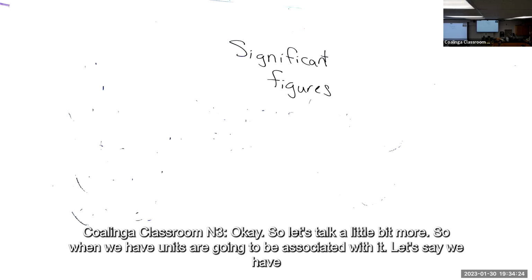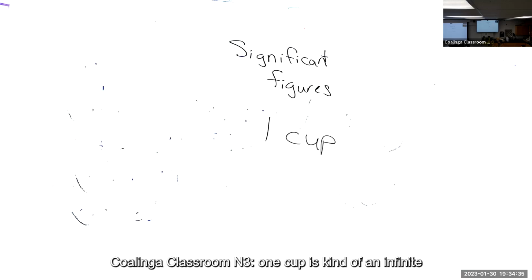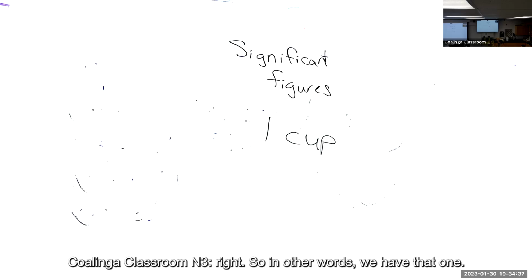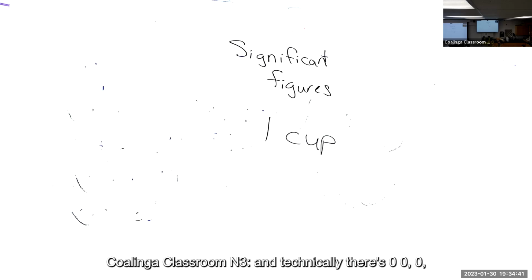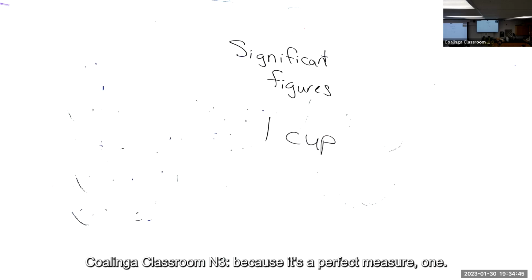Okay, so let's talk a little bit more. When we have units associated with a number, let's say we have 1 cup. 1 cup is kind of infinite, right? In other words, we have that 1, and technically there's 0, 0, 0, 0, 0 and so on, because it's a perfect measurement, 1 cup.